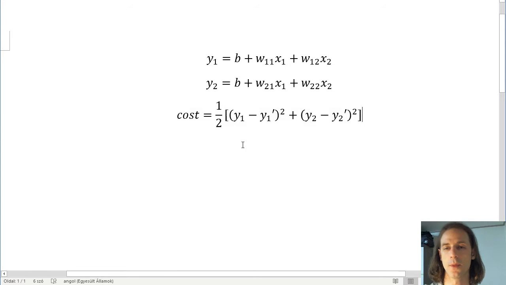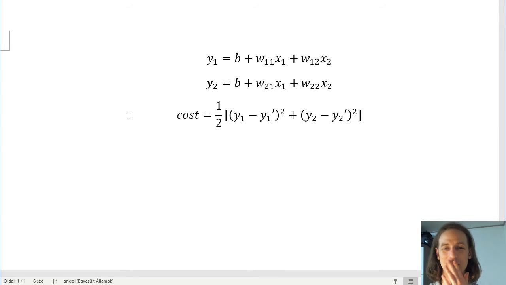This is called the cost function because I guess if your predictions are very different from what happens in reality, this number will be very big, and that will cost you a lot of money if you screw up your predictions. I don't know, I just came up with this explanation, so don't take my word on it.